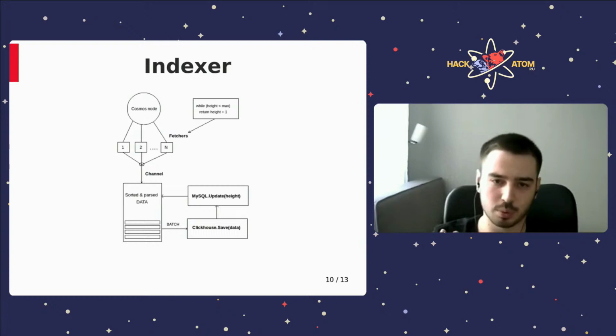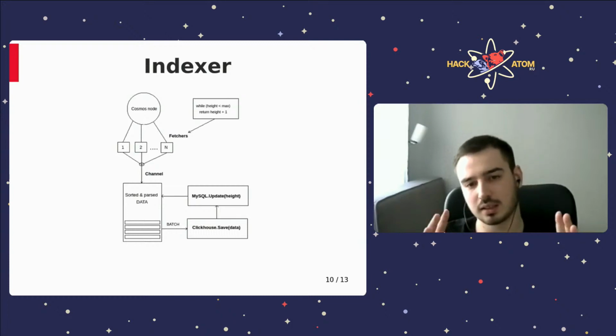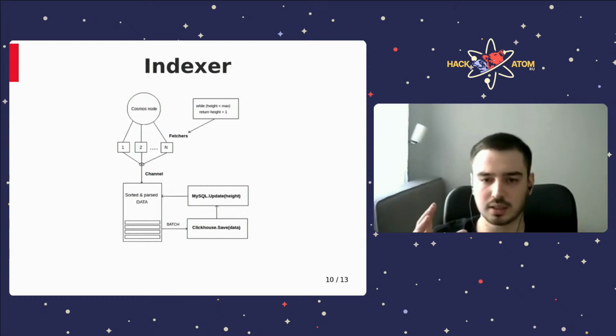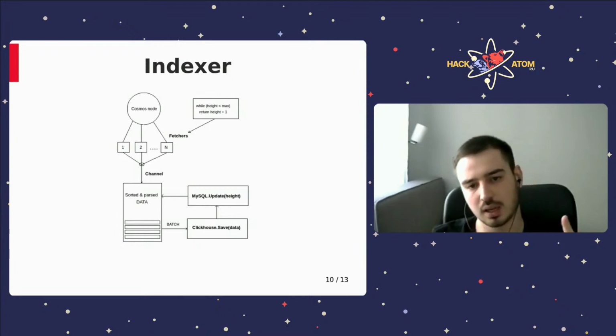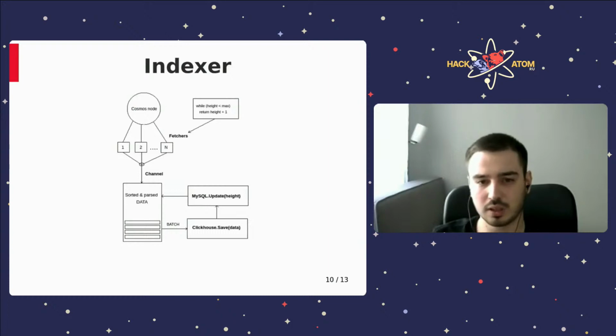Now, I've also tried to put together a chart of the indexer, a bit of a simplified version. There is a Cosmos node, there are fetchers. Fetchers are certain processes that in parallel receive information from the node. Their quantity is dynamic. The faster we want to dump the blockchain, the more fetchers there are going to be.